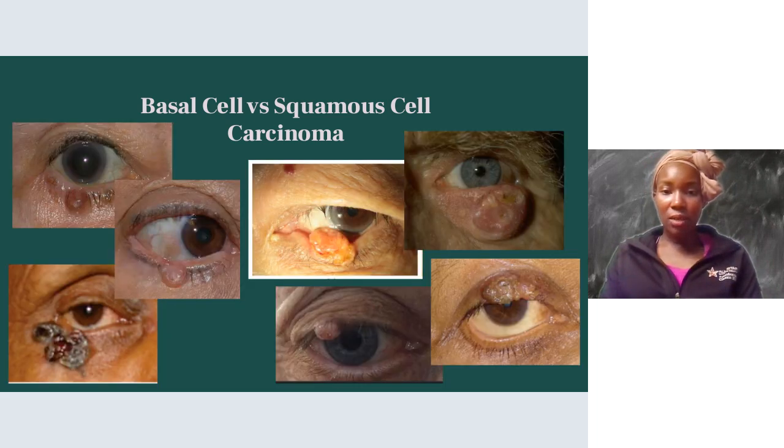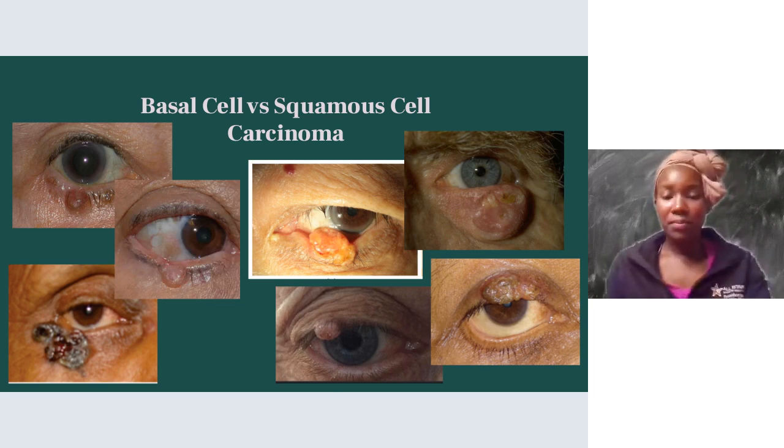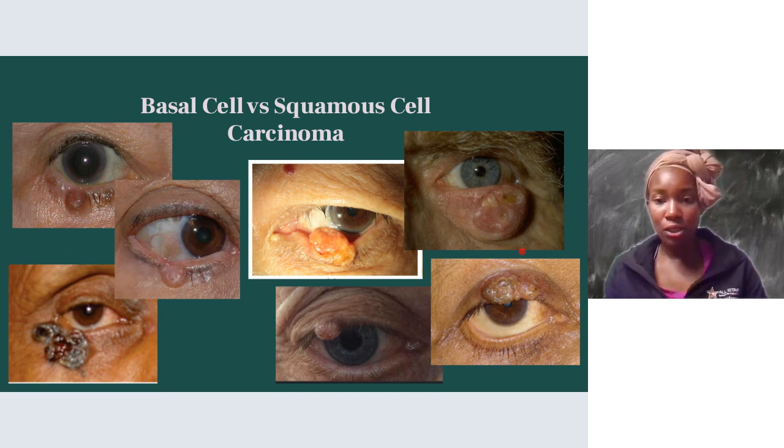All right, so when we are comparing the two, what do you notice? This side over here is your basal cell, and these ones over here are your squamous cells. So what do you notice when you look at the two to compare them? Or do you notice anything? The darkness of it.